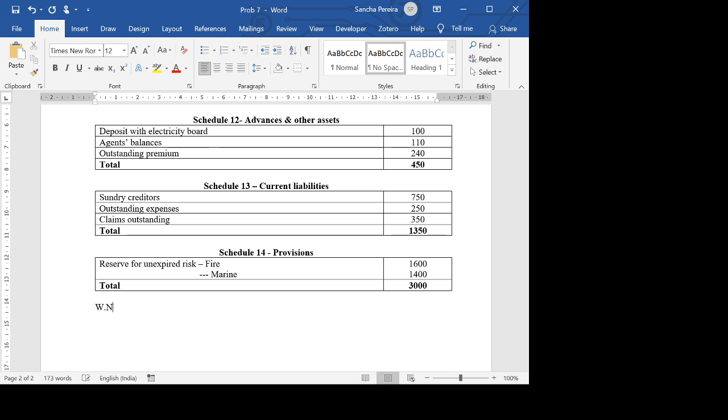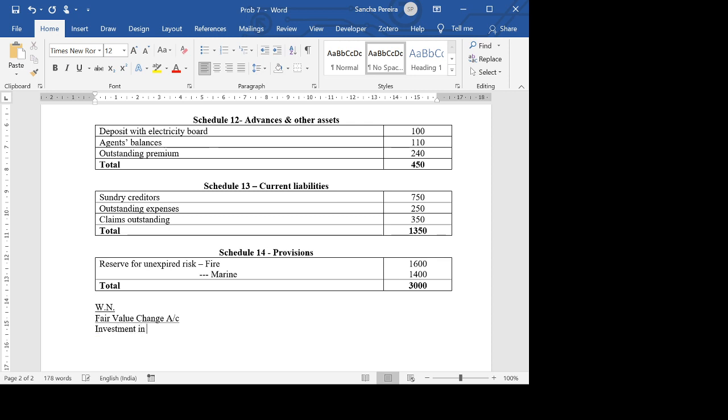This is working note for fair value change account. Now, what they've given to us, and I told you this fair value change account comes into the picture when there are fluctuations in values of investments, differences between the book value and the market value, and that is what we have in this problem. Now, if you see the total investments, we have two investments.